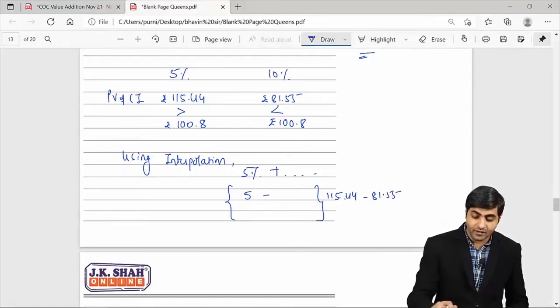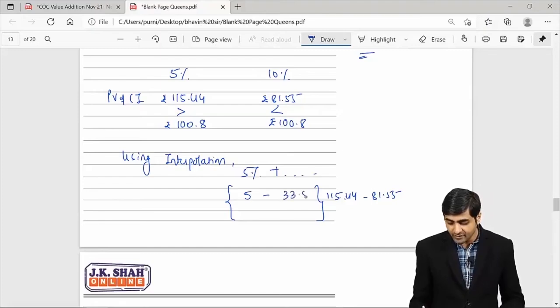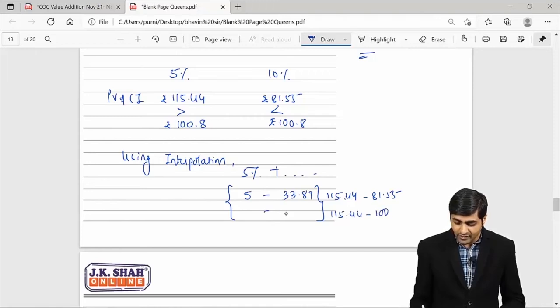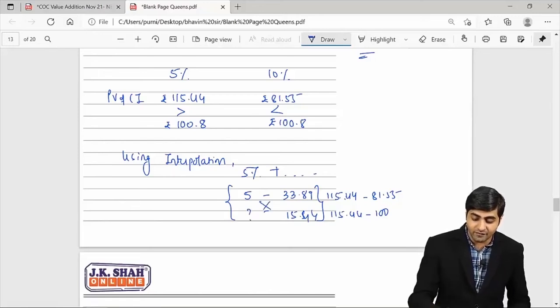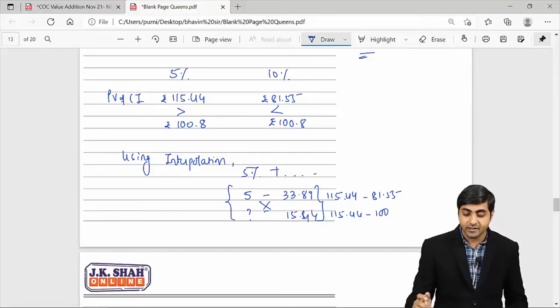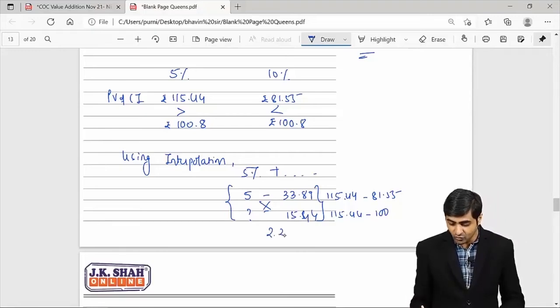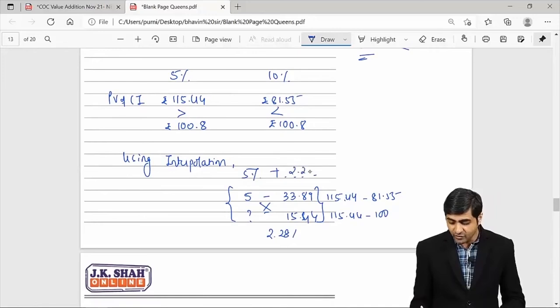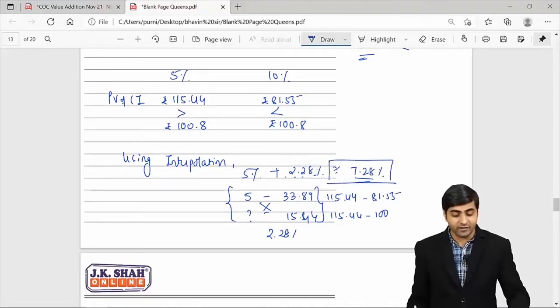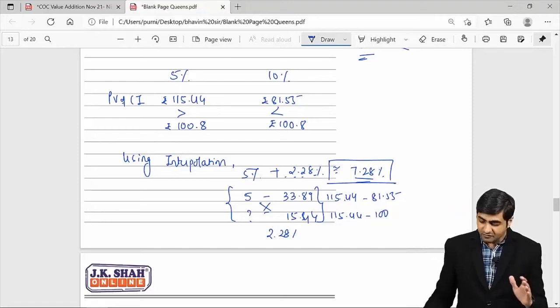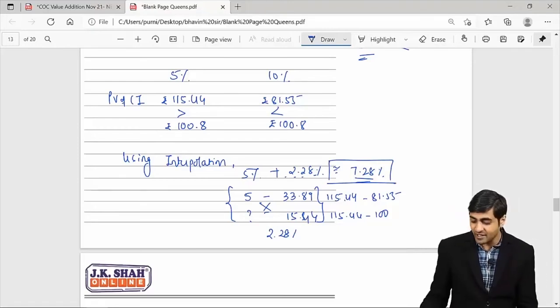So this will be 33.89, and from 115.44 to 100.8 can I say 15.44? If you cross multiply, 15.44 into 5 divided by 33.89, this will be 2.28%. So if I add 2.28% to it, this will be 7.28%. So guys, this is an approximate answer that your yield to maturity will be somewhere between 5 to 10, approximately 7.28%.